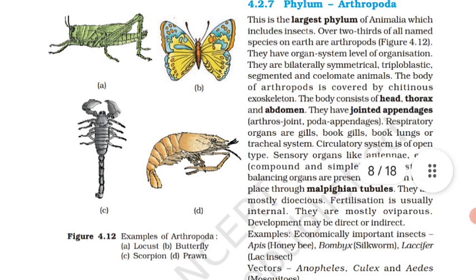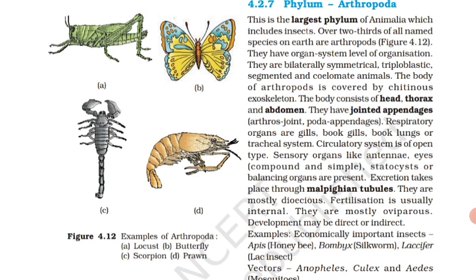Examples are Pila, that is apple snail, Pinctada, pearl oyster, Sepia, that is cuttlefish, Loligo, that is squid, Octopus is devilfish, Aplysia, that is sea hare, Dentalium, that is tusk shell, and Chaetopleura, that is chiton. Understood?